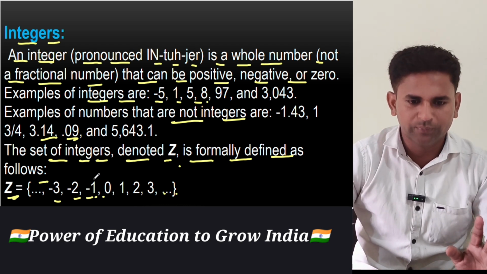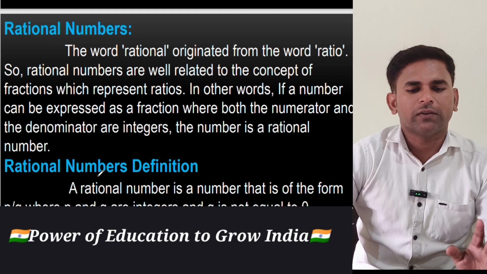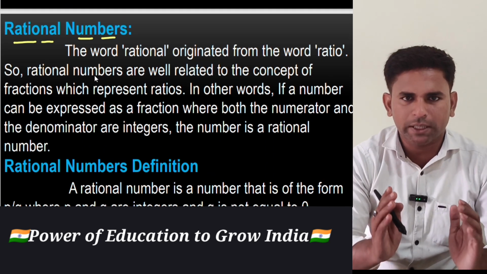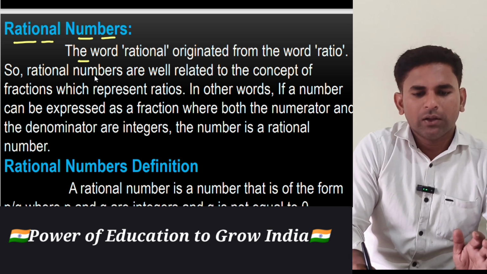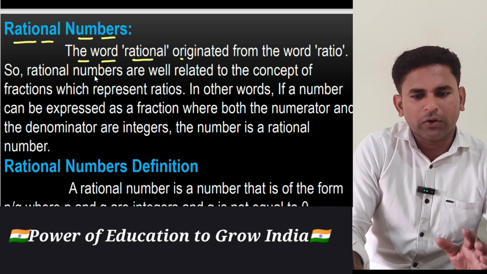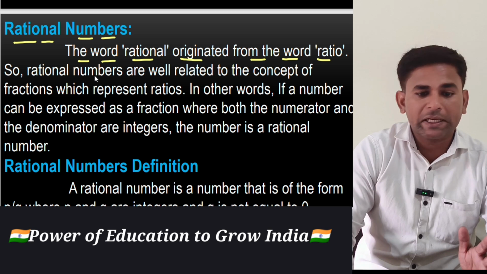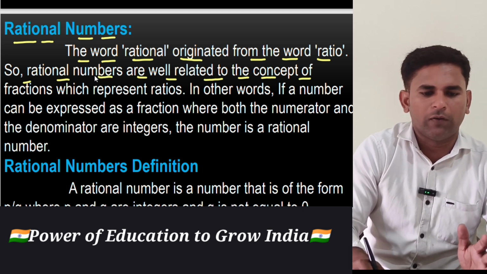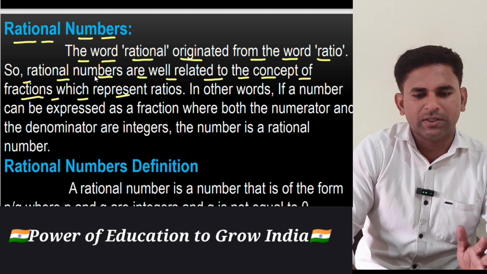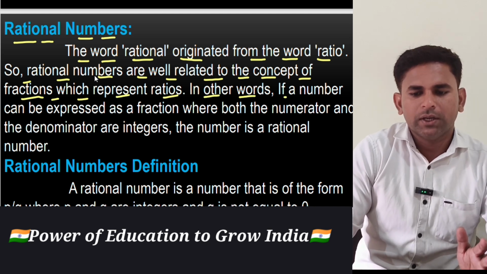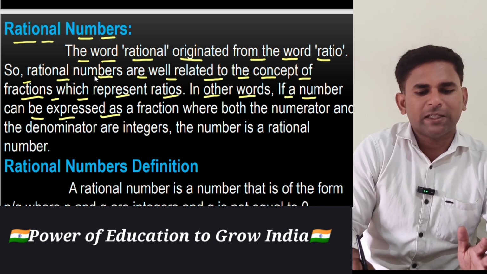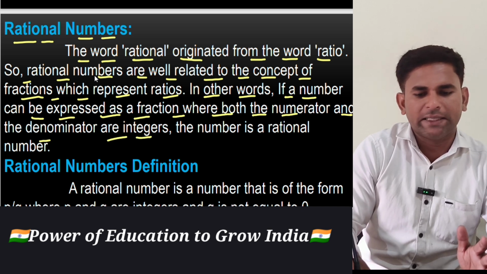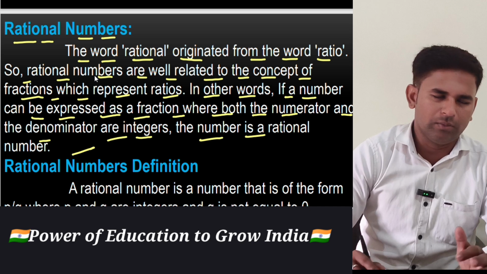Understood? Very good. Next, after that we have the rational numbers. Here we are going to define what rational numbers are. The word rational originated from the word ratio. So rational numbers are related to the concept of fractions, which represent ratios. In other words, if a number can be expressed as a fraction where both the numerator and denominator are integers, the number is a rational number.